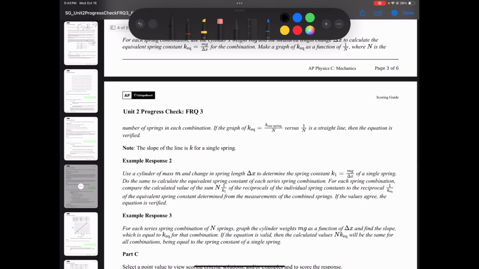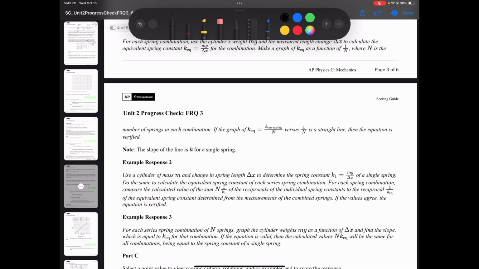The reason that works is because if you have multiple springs that all have the same spring constant, and you're adding up the individuals, say I have K equivalent for 3 springs, and it's equal to the sum over n of 1 over K for the individual spring constants, right?